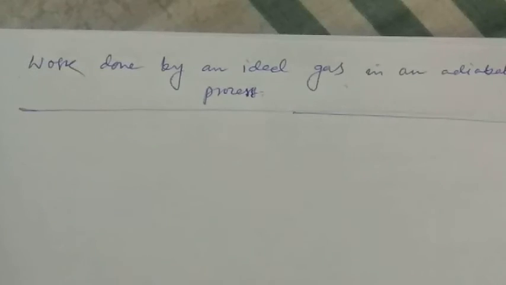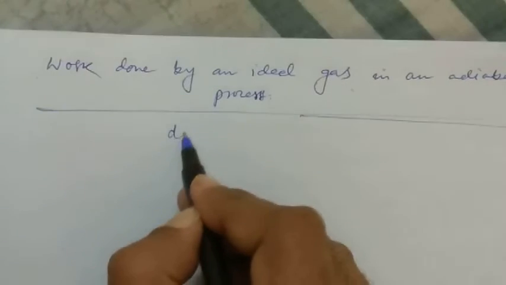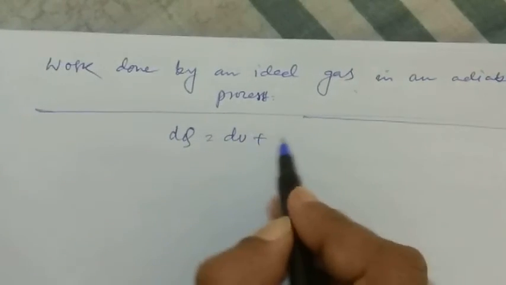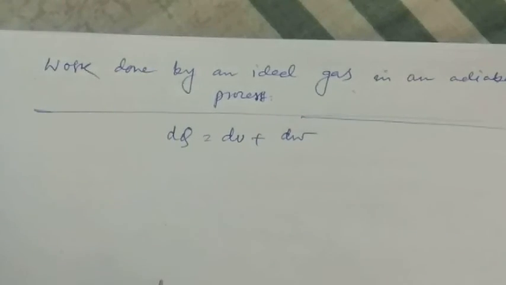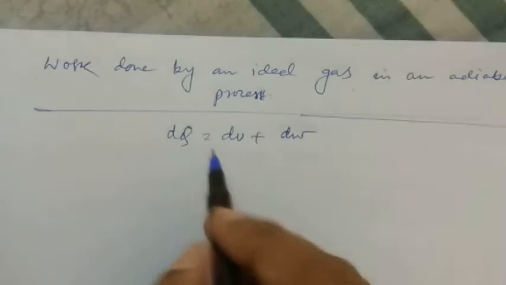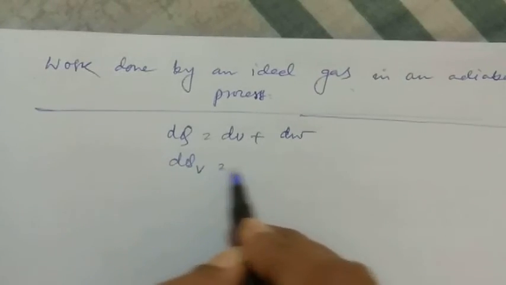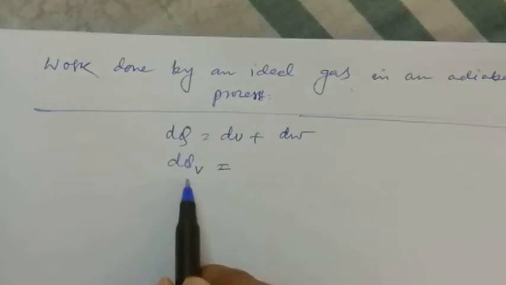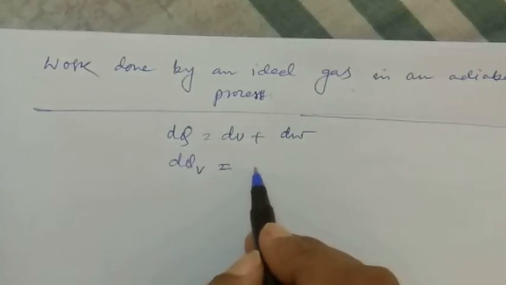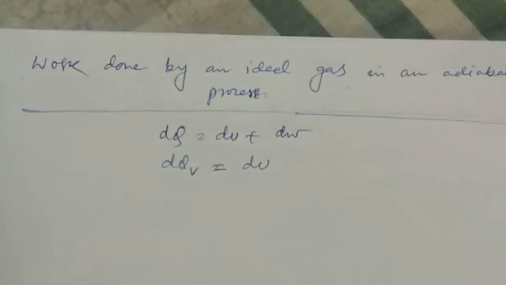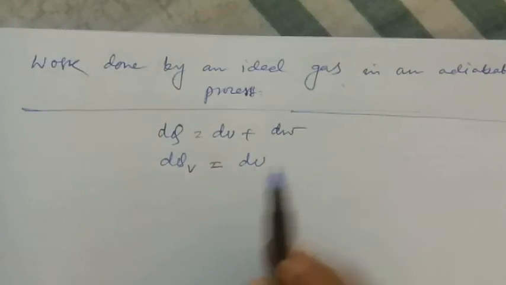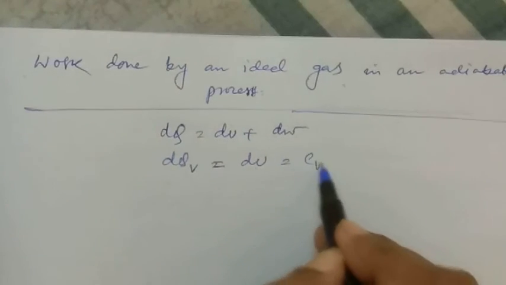Work done by an ideal gas in an adiabatic process. We write the first law of thermodynamics, dq is equal to du plus dw. For a constant volume process, there is no dw, and already we have learned that dq is du. So du is equal to Cv dT.